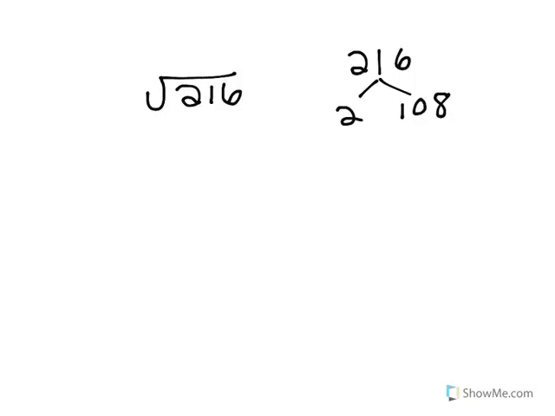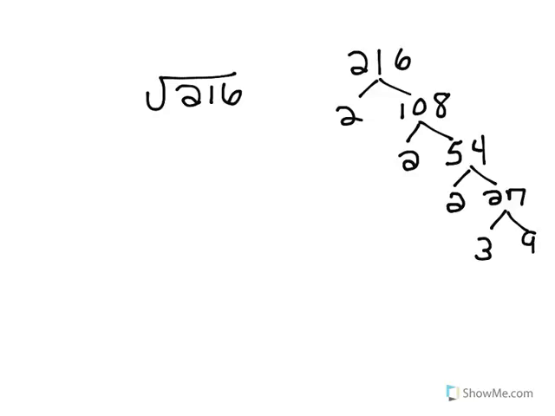So 2 times 108 would give me 216. 2 times 54 would give me 108. 2 times 27. Kind of done with the 2s, so now I'm going to move on to the 3s. 3 times 9, and then 3 times 3. And what my goal is here is I'm working with square roots because that's what that means.